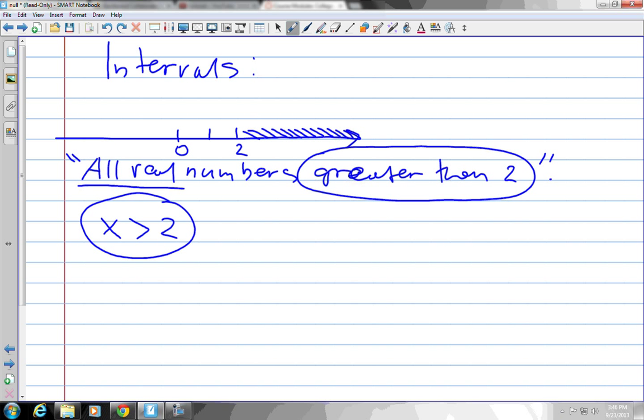I'm saying greater than 2. So greater than 2 does not include 2. So the notation for that is an empty little circle at 2. So this is how we'll label on the graph that 2 is not included. We're putting an empty circle. So this would be the graph. Everything greater than 2.